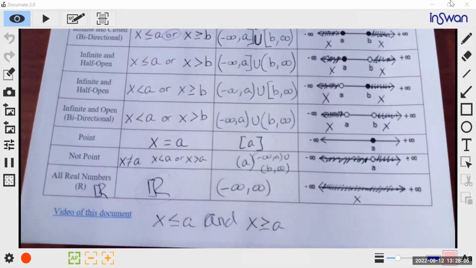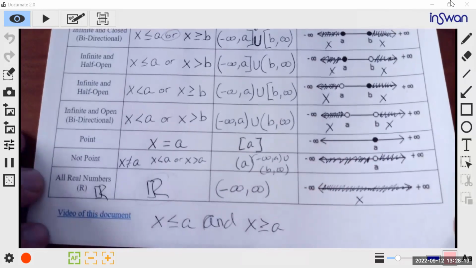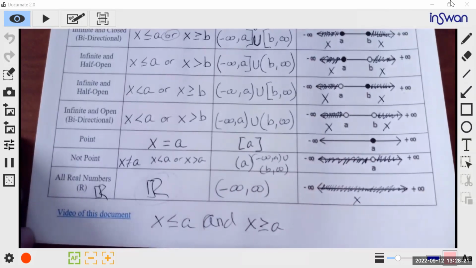You have to be able to convert between any one of these three notations. On your homework, you're going to say, okay, here's a question, convert it, give me the answer in set notation, in interval notation, and graph it. Let's look at an example here.